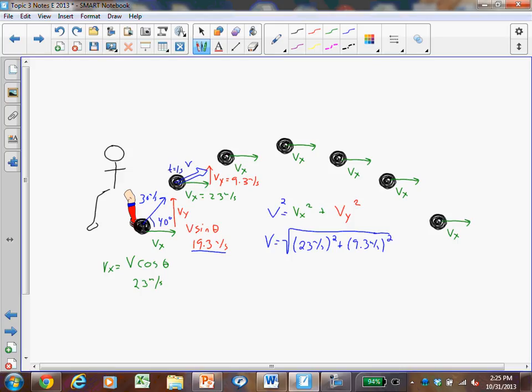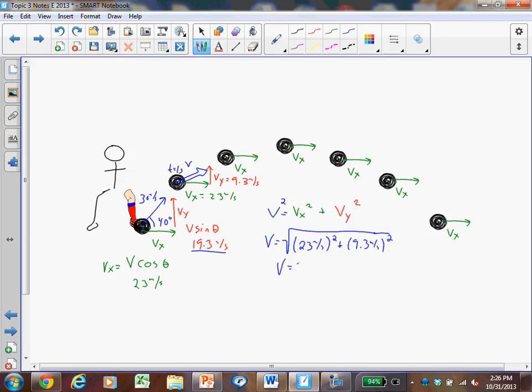Right? You see how I did that? Because if you have your x and y components, you can get your resultant. So square root of 23 squared plus 9.3 squared gives 24.8 meters per second.